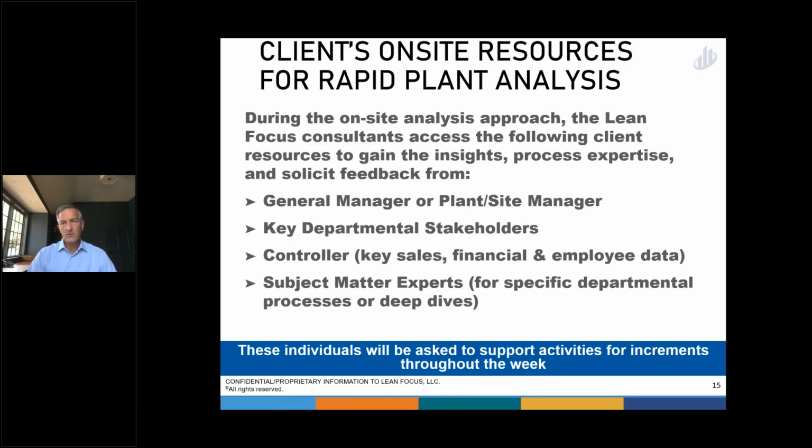Key department stakeholders might be planning, supply chain, maintenance, obviously some of the manufacturing leadership and supervisors. Sometimes human resources is involved. We usually have the controller or some financial person related to the plant so that we can gather data and confirm data as we go throughout the week.